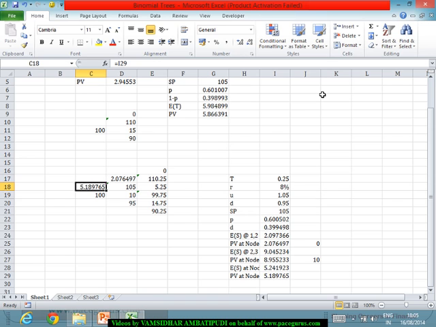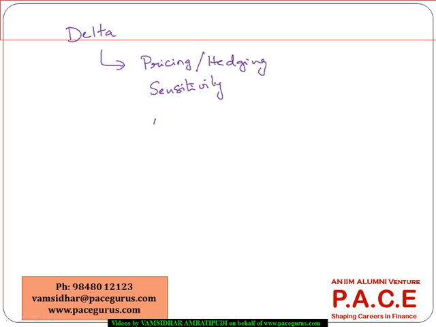Now, in this context, one more important aspect to look at is the concept of delta, which is a very important concept with respect to the pricing of derivatives, or what we call the hedging of derivatives. It also talks about the sensitivity of the option with respect to the stock price.